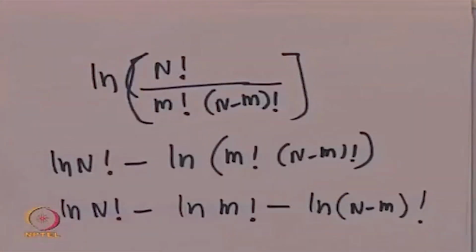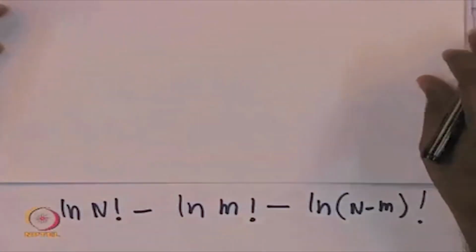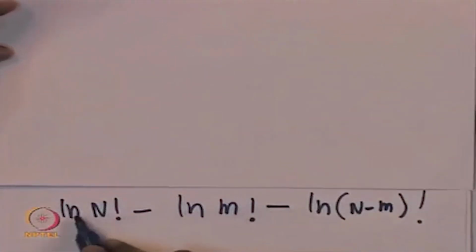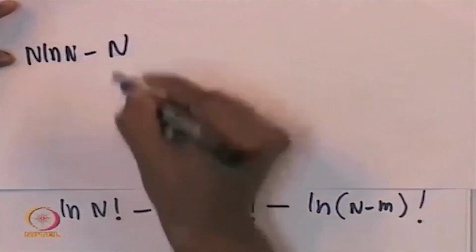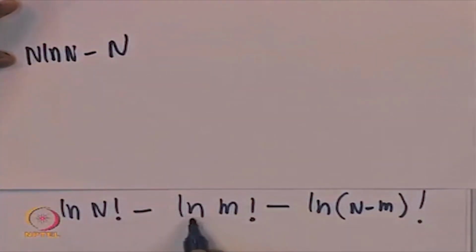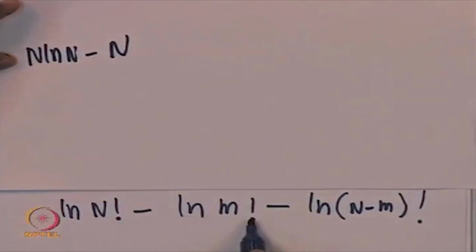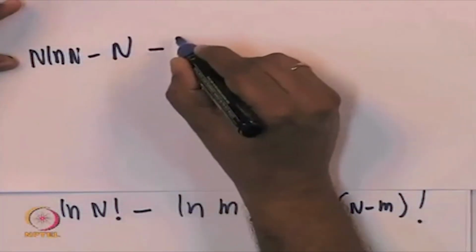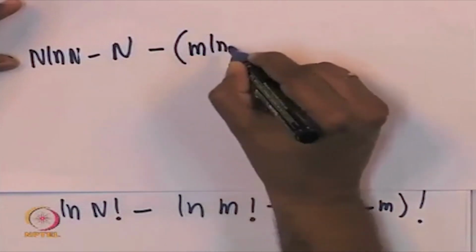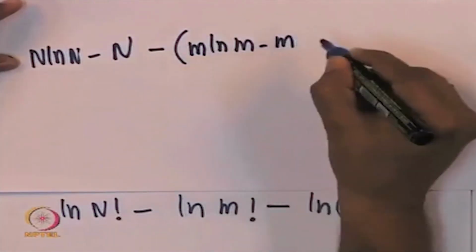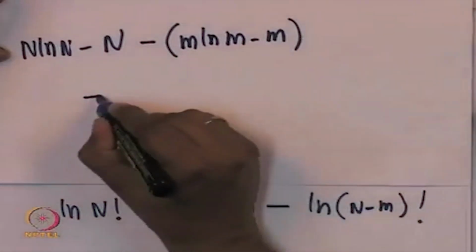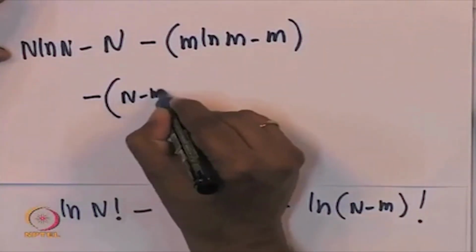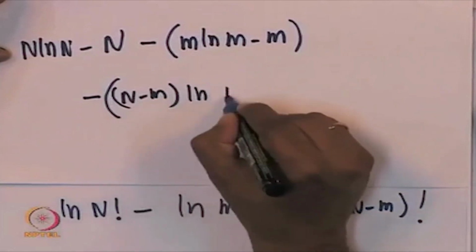So, if you rewrite this, what would you get? So, this is n log n minus n, that is this term. Here is minus m log m minus m, and here is minus n minus m log n minus m minus n minus m.